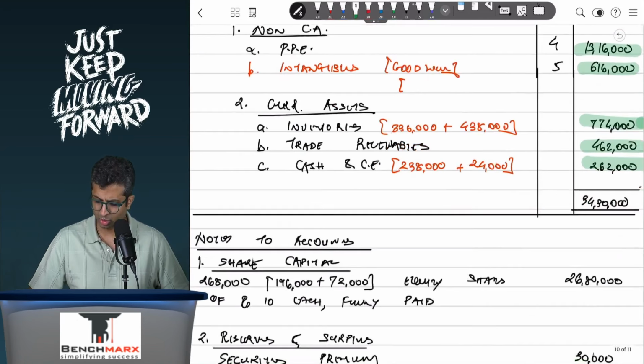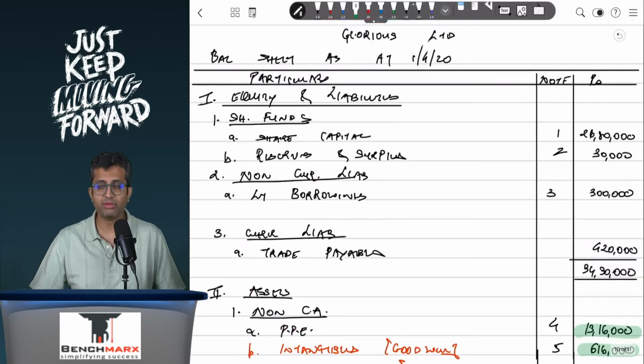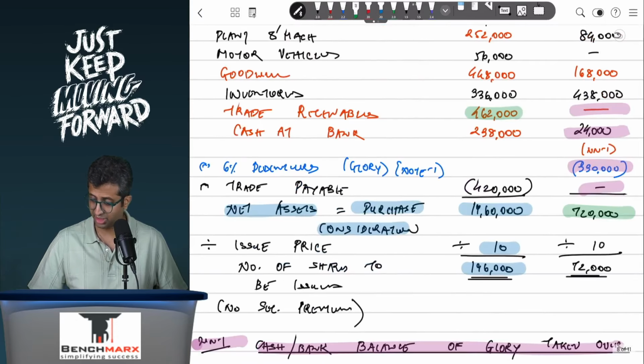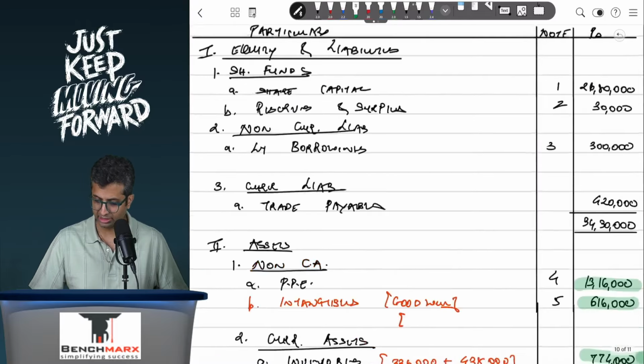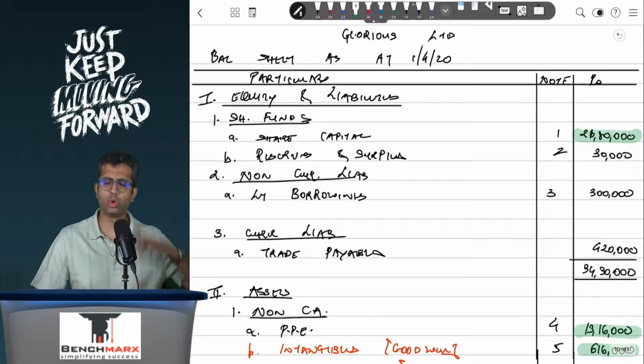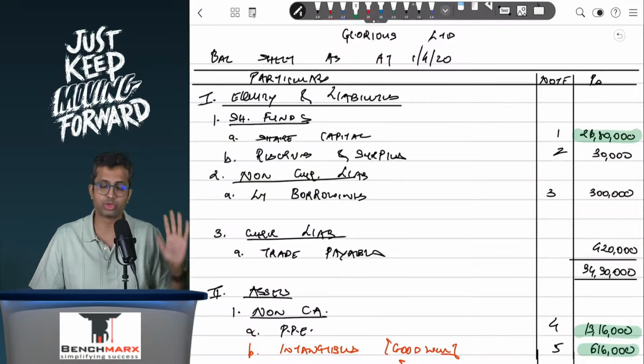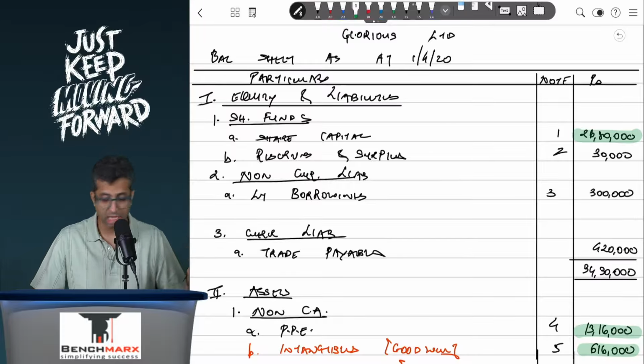462 and 262. And then in your share capital, we will have 1,96,000 plus, I think, what was that? 72,000 into 10 comes to 26 lakh 80. This is 26 lakh 80. Now, because this is an amalgamation and it is not told to be in the nature of merger, we'll assume it is in the nature of purchase, and hence you will take over the share capital but not the reserves.